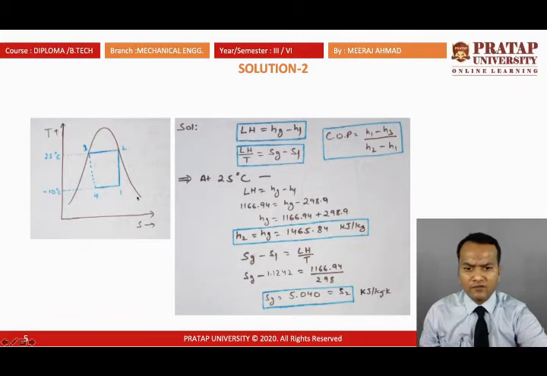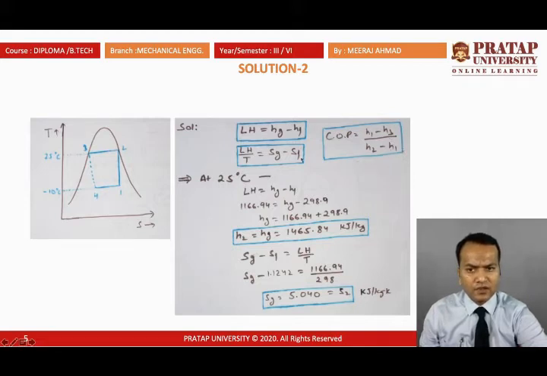So you have to find the COP first. So the COP formula is there. COP is equal to H1 minus H4 divided by the work input, H2 minus H1. The refrigeration effect is H1 minus H4, because enthalpy at 4 and 3 is equal. So we write enthalpy 3 in place of enthalpy 4, since enthalpy should be constant between 3 and 4.